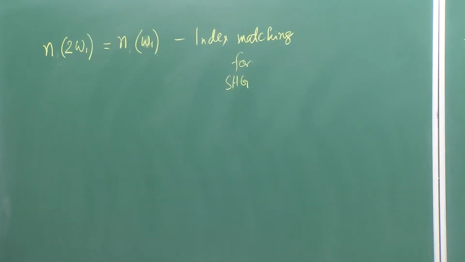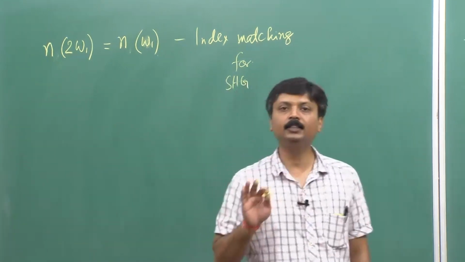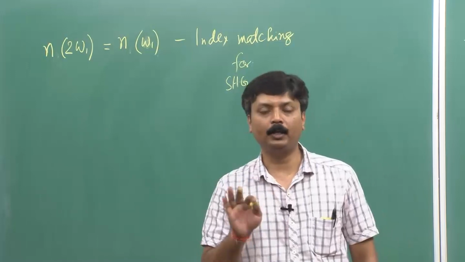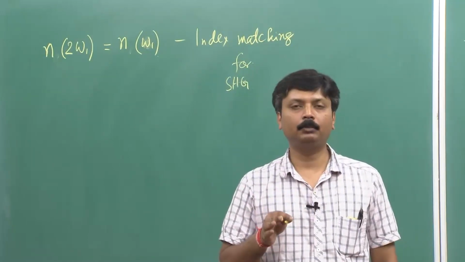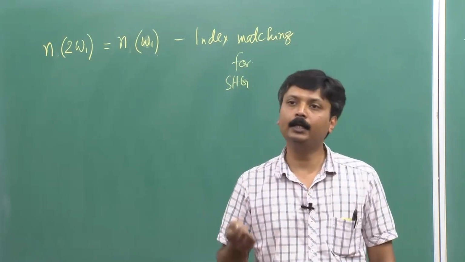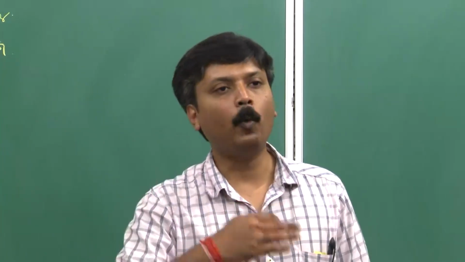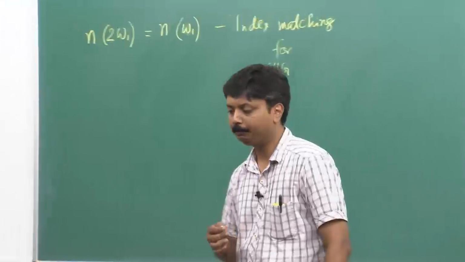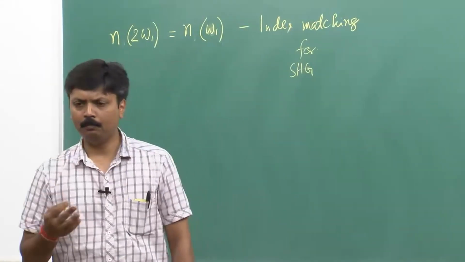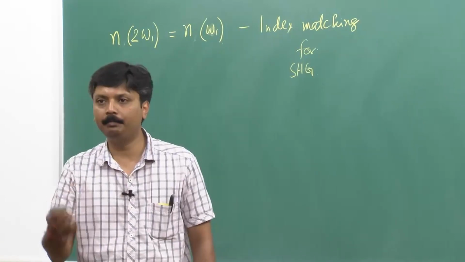Now, in general you can understand that this is not possible, normally, because suppose I have an incident wave of wavelength 1064 nanometer, then the double the frequency will have a wavelength of 532 nanometer. So, there is a wide gap in the frequency. There is something called dispersion, which is a strongly wavelength dependent property.